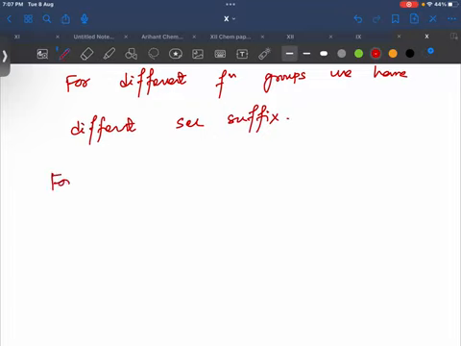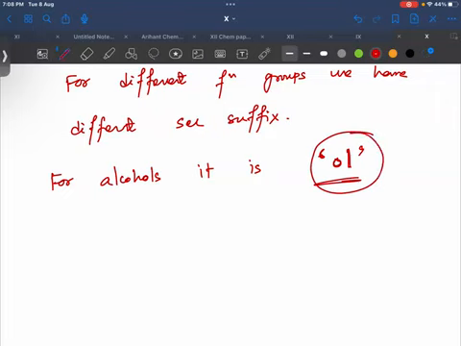For alcohols, the secondary suffix that we are using is -ol. Alcohol. -ol है ना last में, that -ol we are using. Okay, this you need to remember. Whenever you see alcohol, whenever you see an OH group, that means the secondary suffix you are going to use is -ol.